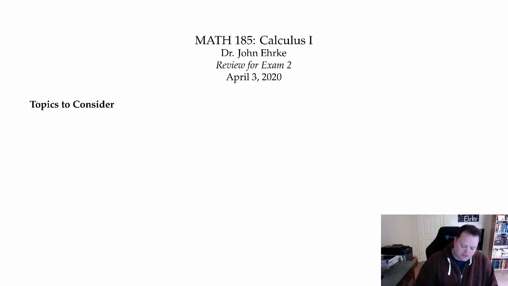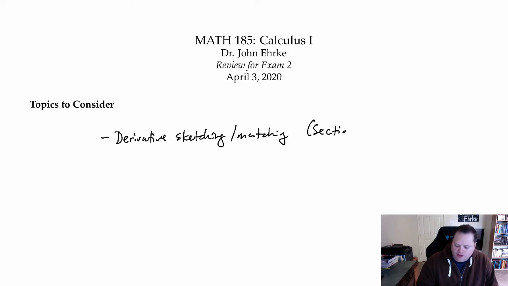First off, some topics to consider. One of the big things, which I'm not actually going over in this review because I had to pick and choose, is derivative sketching and matching. There are some problems in section 2.8 that we did about a week, maybe even 2 weeks before spring break, that fit this.